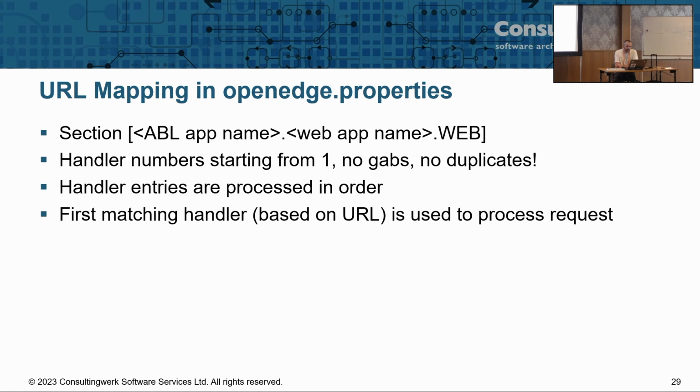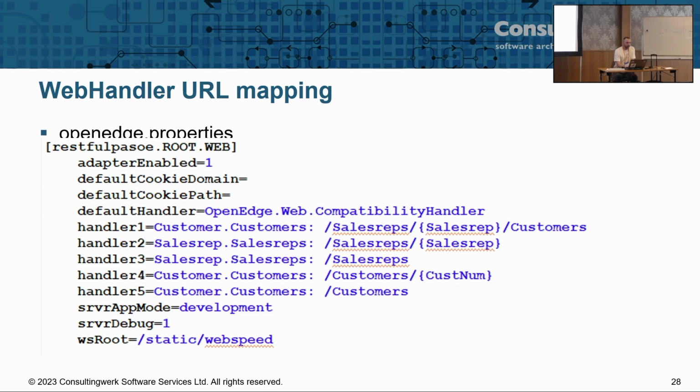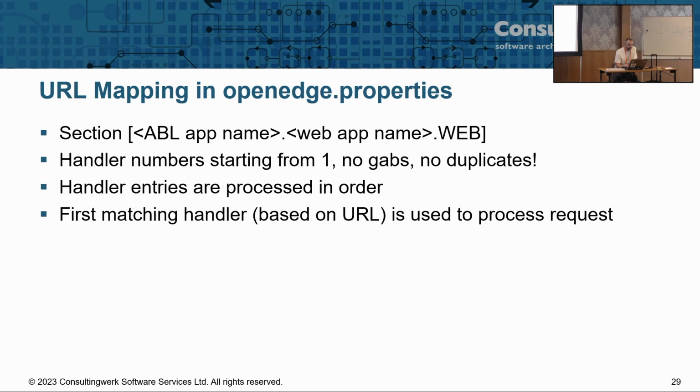Right, so no gaps, no duplicates. Those web handler numbers must be without holes in there. Yeah, when you have duplicates, the first matching handler based on the URL is the class that will be chosen to be executed.